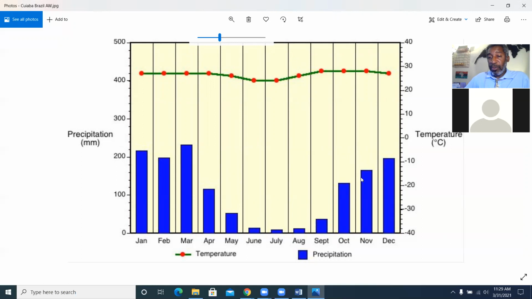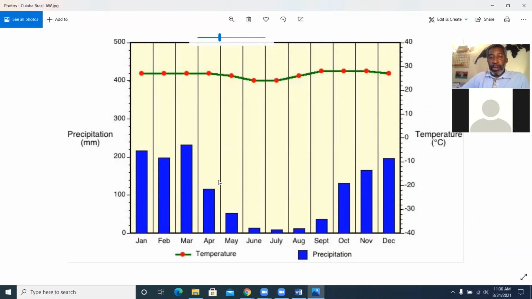And also for October, November, December, we see just a little less than 10 inches of precipitation, 200 millimeters. If you consider that there are 25 millimeters per inch, 250 millimeters would obviously be 10 inches, or a little less than 10 inches.